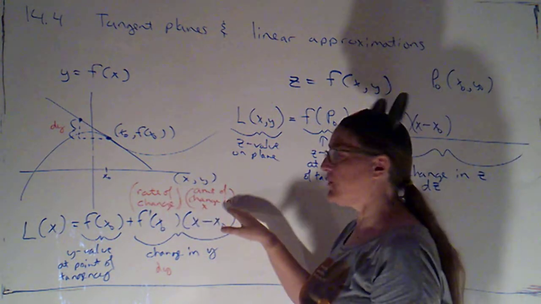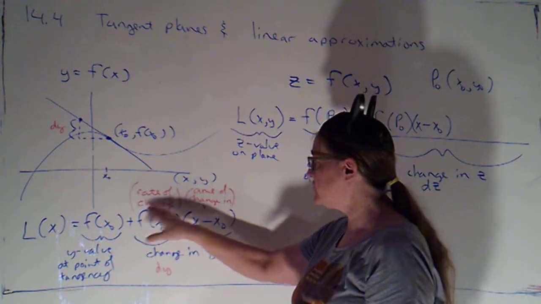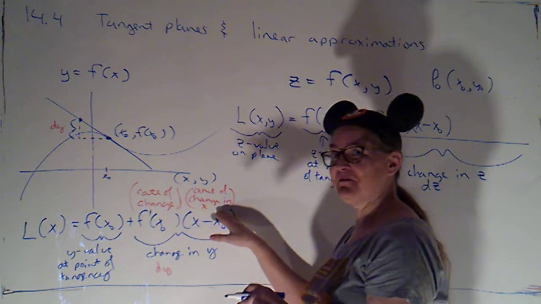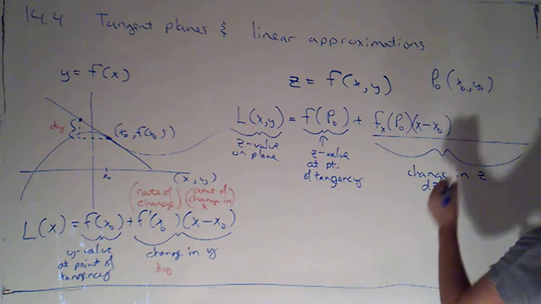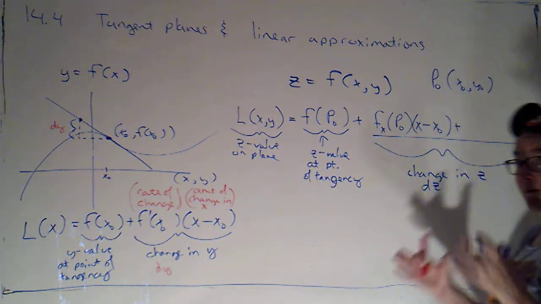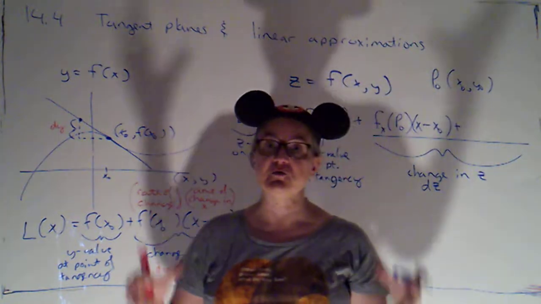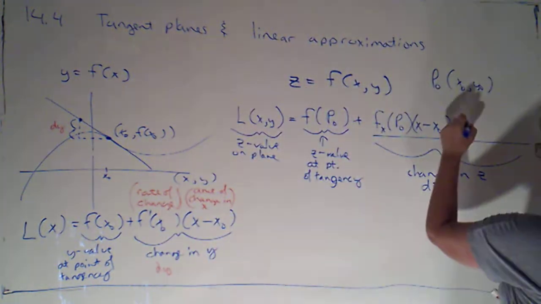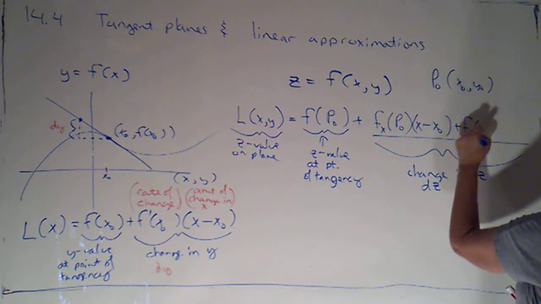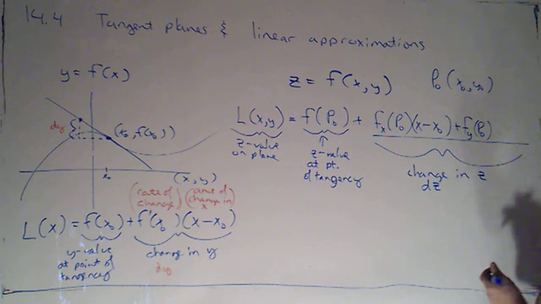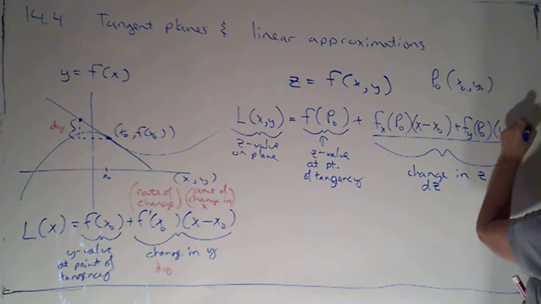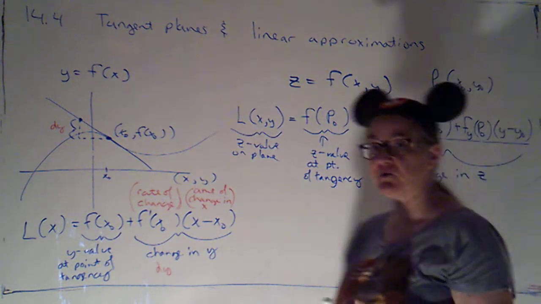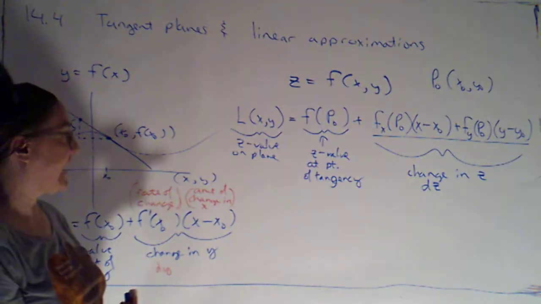Exactly mirroring what we have here, multiplying a rate of change by an amount of change of the input variable to get an amount of change in the output variable. Okay. Plus, now I'm going to calculate the change that's due to y. So that would be the rate of change of z with respect to y at this particular point times the amount that y has changed, which would be the difference between y and y naught.